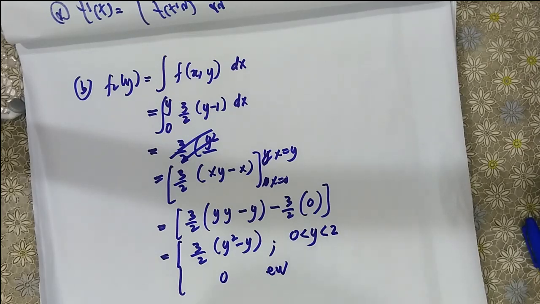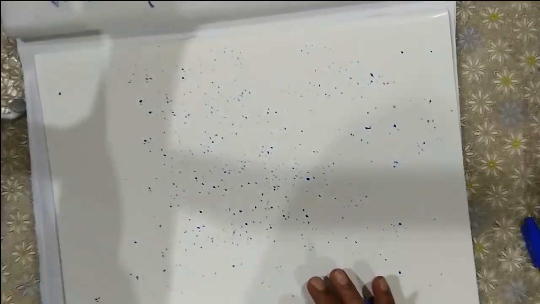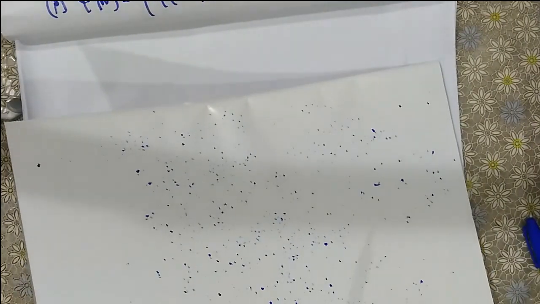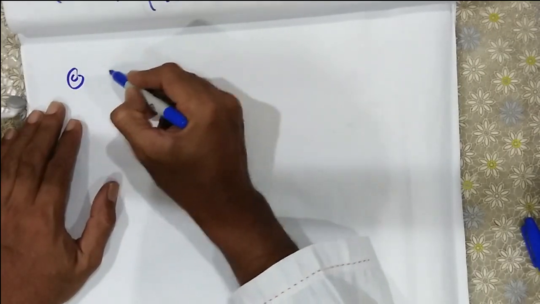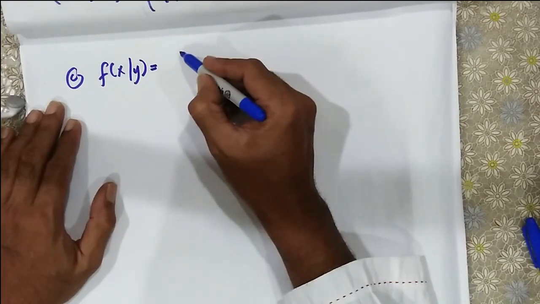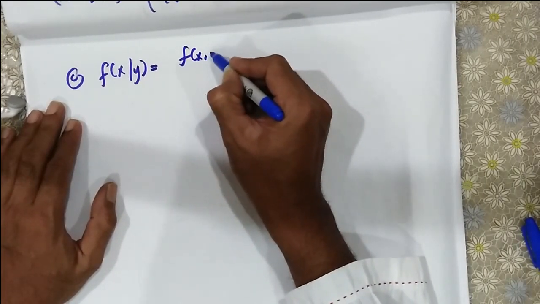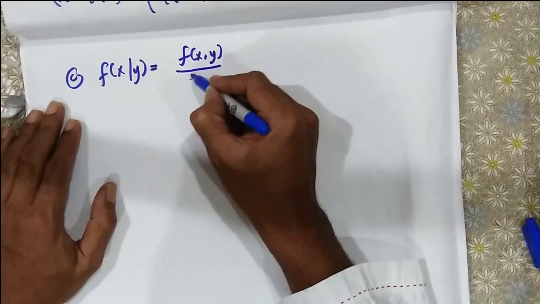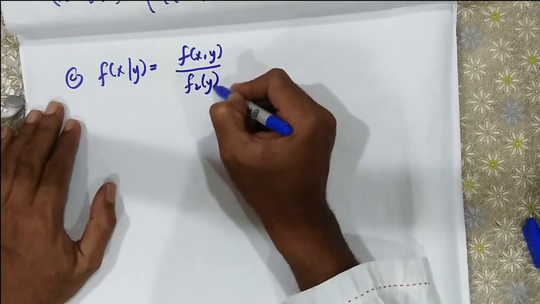And then we go to C. I want to find f of x given y. By definition, it is the joint probability of x and y divided by the marginal of y.